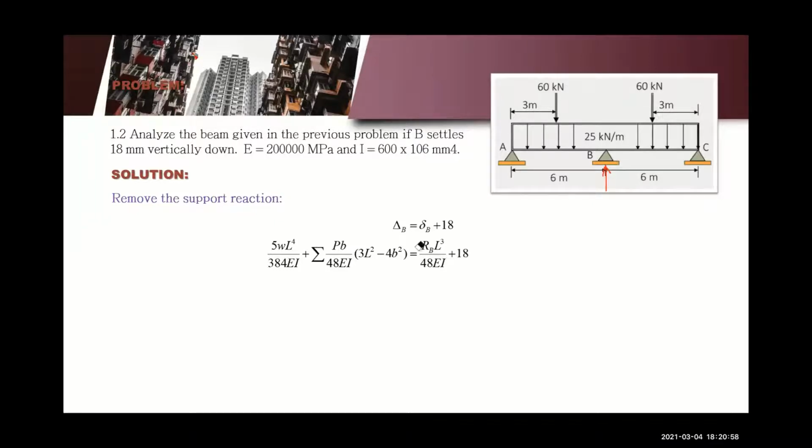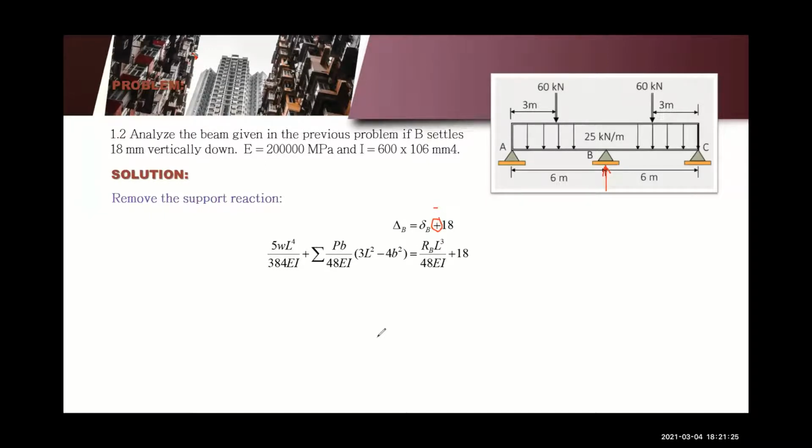Instead of plus 18, this should be minus 18 because it's from here. No? I-add natin yung load, deflection ng load, and then yung settlement. And those two should be equal to your deflection caused by the support. Tingnan natin. Ulitin ko. This is negative.